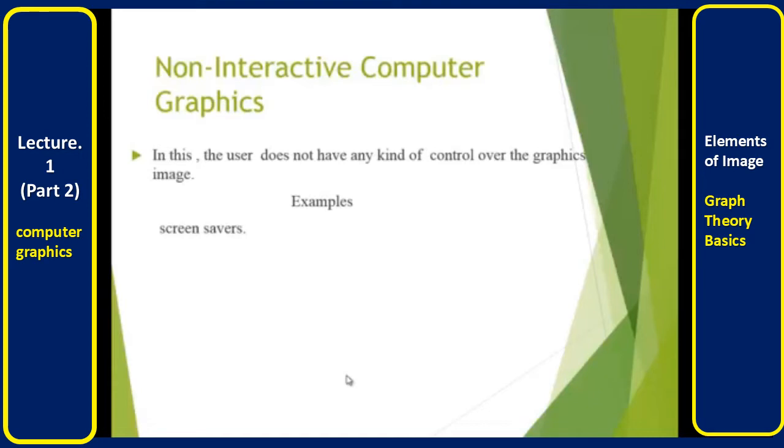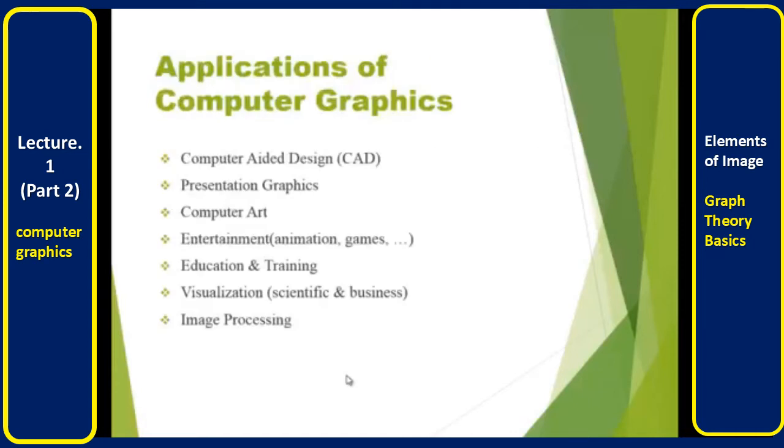Image is merely the product of a static stored program and will work according to the instructions given in the program linearly. And the image is totally under the control of program instructions, not under the user. I already told you the example of a screen saver.